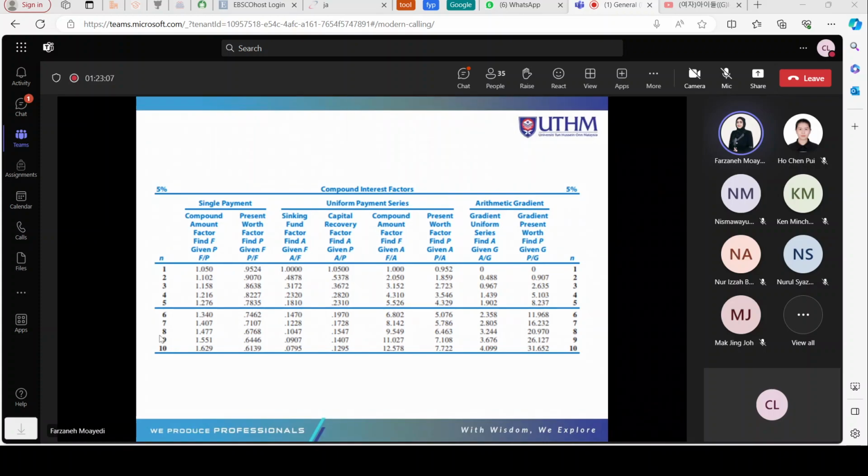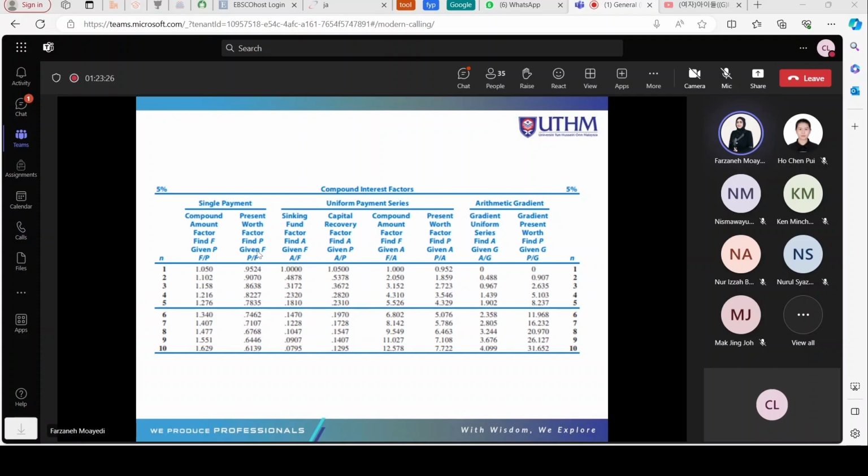So you need to go to the year, for example, 40. How to find the right column: as I told you, these last two you want to ignore, delete. This is not even something that you're going to be learning in this course. So you're only dealing with these 6 columns.